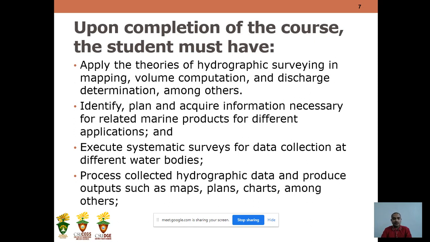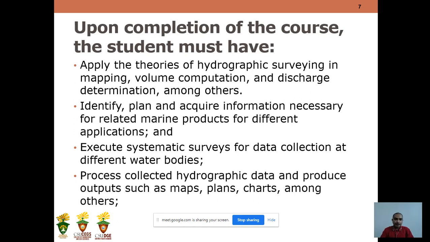The next outcome of this course is to identify, plan, and acquire information necessary for related marine products for different applications. Before starting a survey, of course, there is a planning stage for how to execute the survey in the field, and you are also able to identify the study area or the locations where you are going to make the measurements, and to collect or acquire information or data related to marine products for different applications.